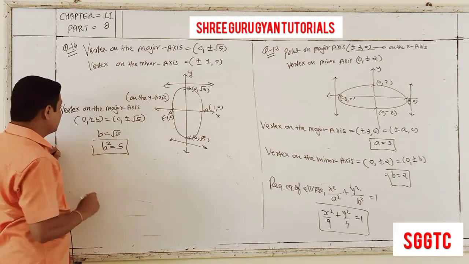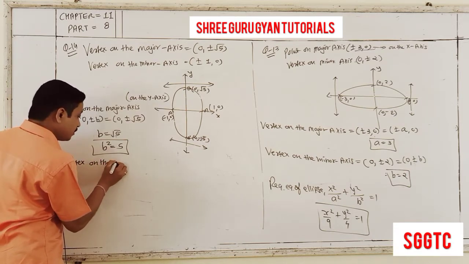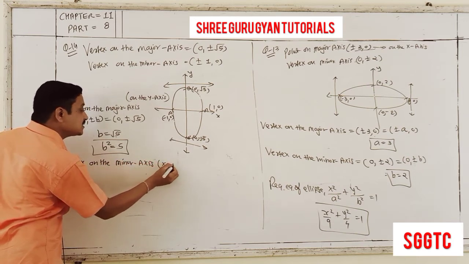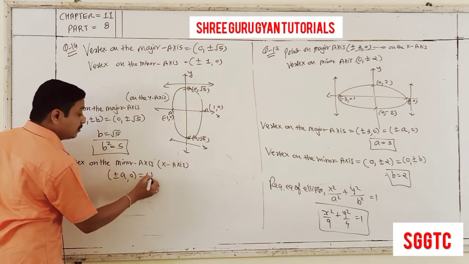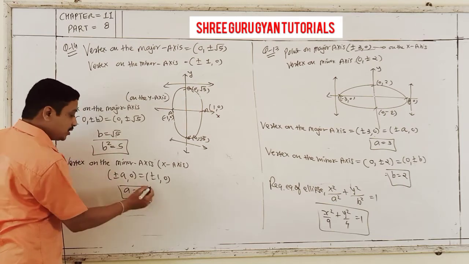Now after that, vertex on the minor axis means which axis? X axis is plus or minus a, 0, and you have been given plus or minus 1, 0. A becomes 1, so a square becomes 1.